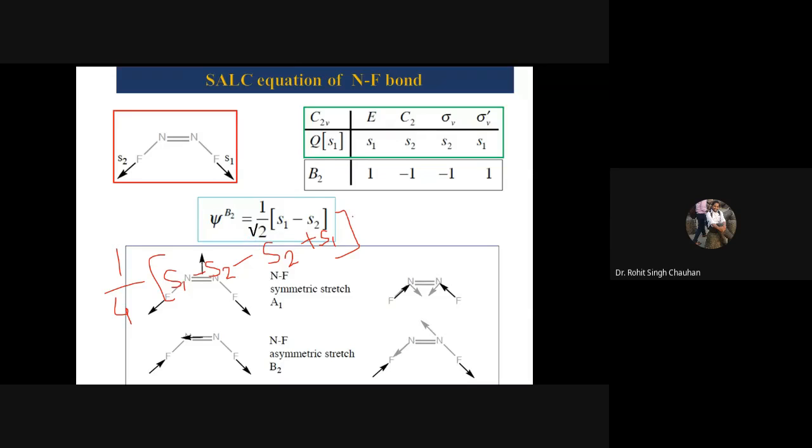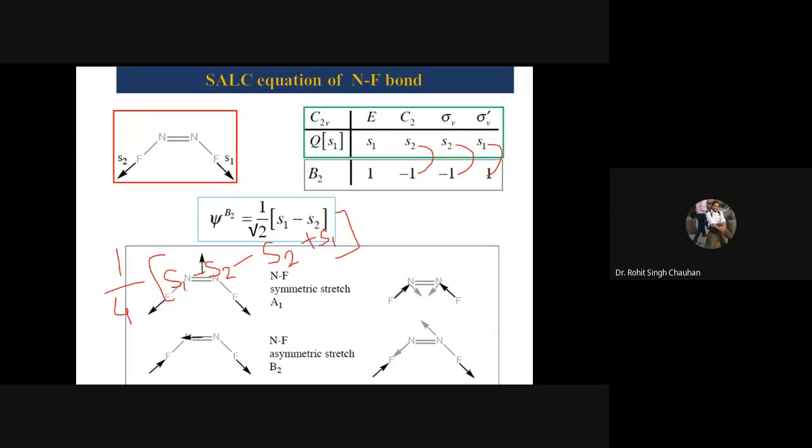Is that clear? Now, how come it is minus S2? S2 is multiplied by minus 1, and S1 is multiplied by 1. That's why it is S1. Now, these are the modes I have shown here. One is the A1 mode. A1 is the most symmetric mode, so always remember the movement of the atoms should be the same. I will tell you how to draw it also, but just listen here. This NF bond is moving in this direction.